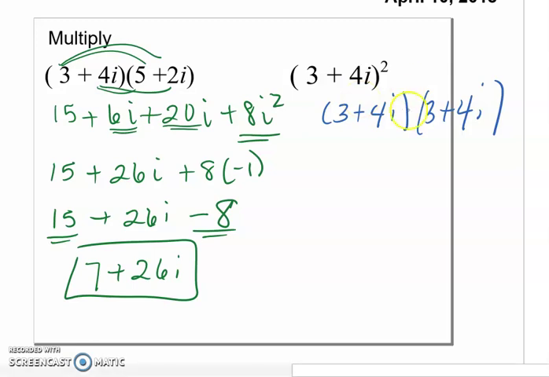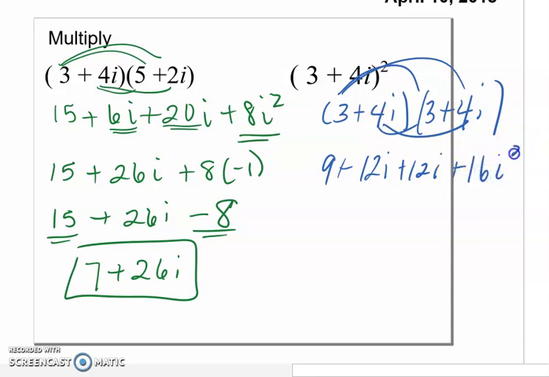So if I multiply, I'm going to get 9. I'm going to get 12i. In here, I'm going to get 12i. And here, hopefully you realize, is 16i squared. That i squared is a much different answer than just i. So 9, I combine my i's because I have 12 of them and 12 of them, which makes 24i.